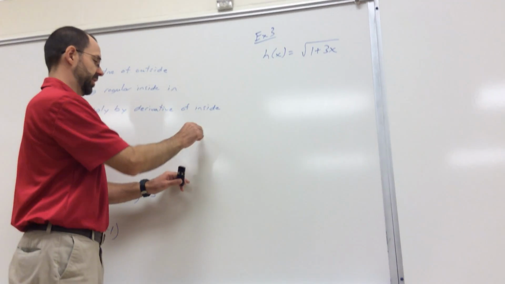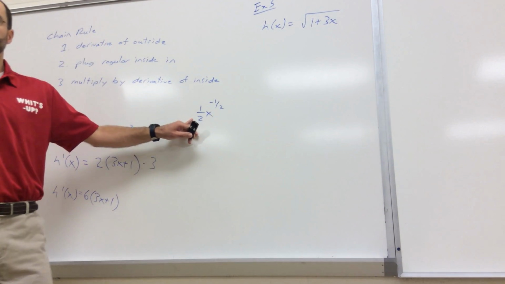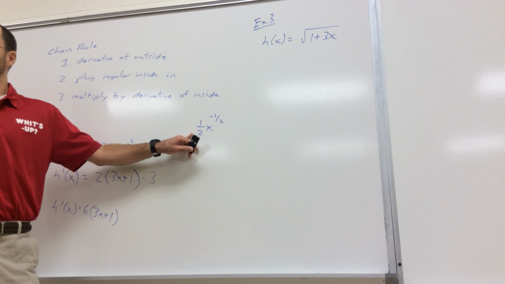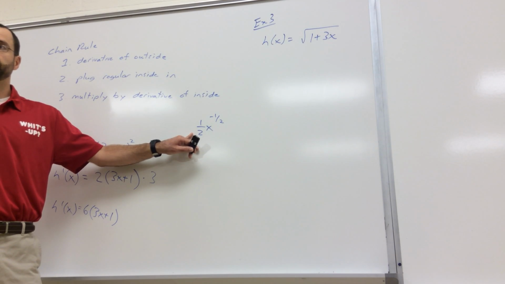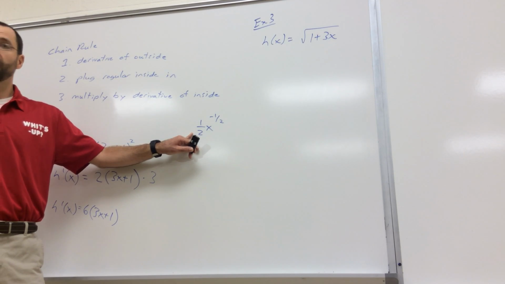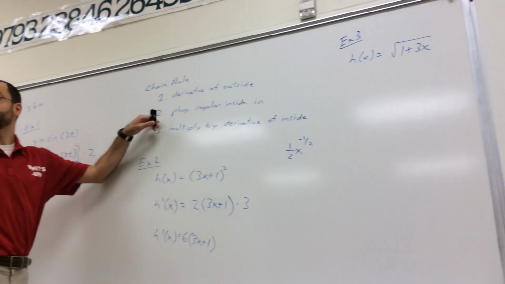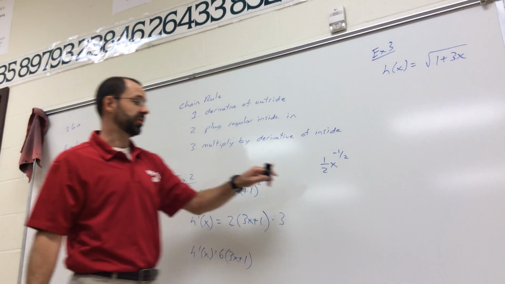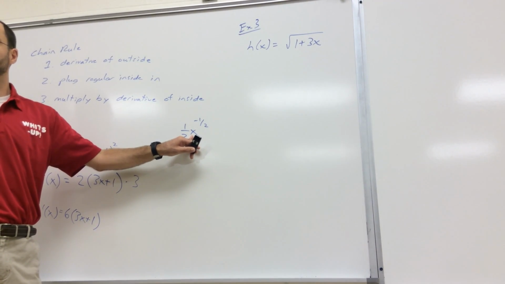So let's write that off to the side. So is everybody good with this being the derivative of the outside function? Okay, so that was step 1. Now step 2 is to plug the inside into that. So it's going to be 1/2 times 1 plus 3x to the negative 1/2.